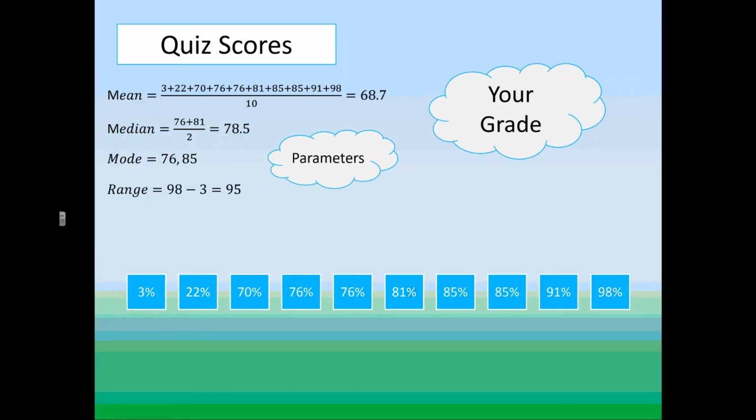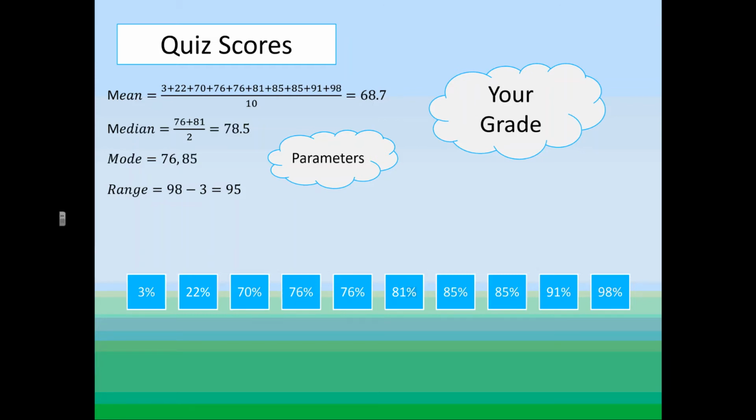In this case, when we're talking about quiz scores, I don't care about randomly drawing one of your quiz scores. I want to know what the population is doing as a whole. I want to combine all of your 10 scores into a number that actually tells me what is happening in your life in this class at this time. So, in order to do this, we talk about parameters, mean, median, mode, and range.